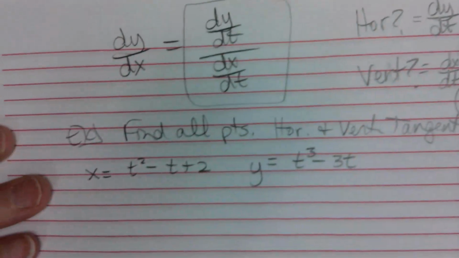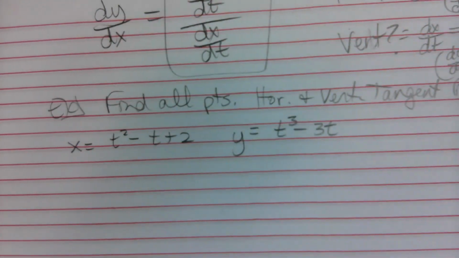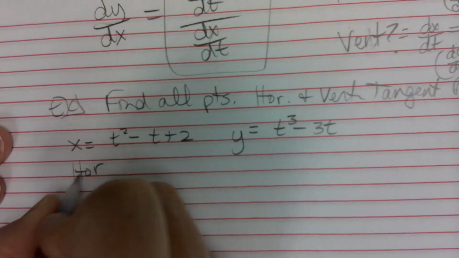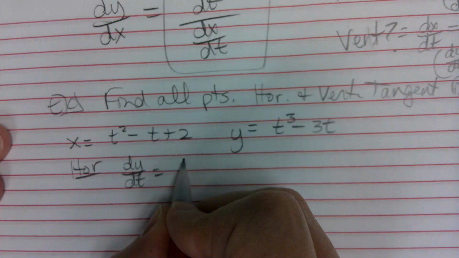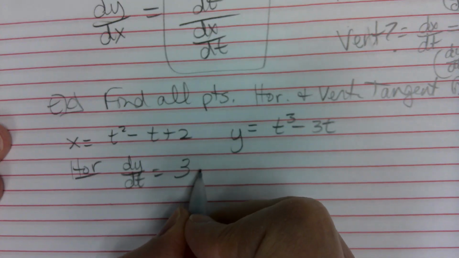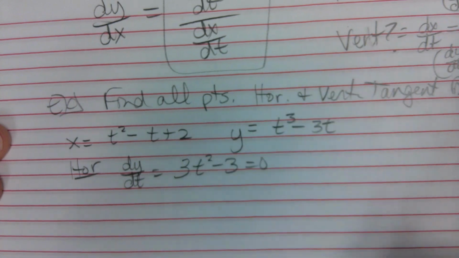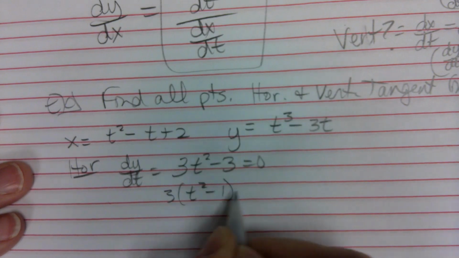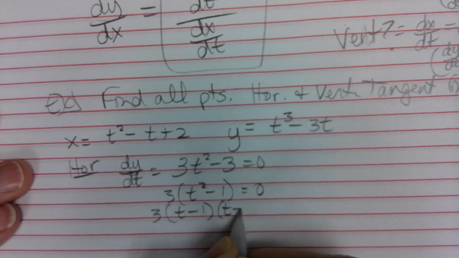So what are we looking for? Horizontal tangents. Where dy/dt equals what? 3t squared minus 3. Where does that equal 0? 1 and negative 1.